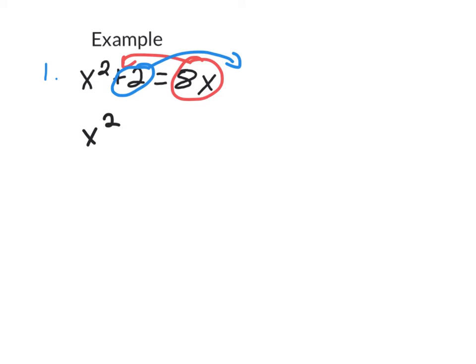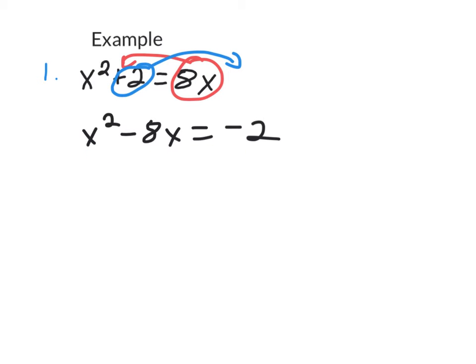So then our new equation is going to look like this: x squared, and the positive 8x comes over as a negative 8x, so minus 8x equals, and the plus 2 comes over as a negative 2. Now we're set. We have it in the order that we need.